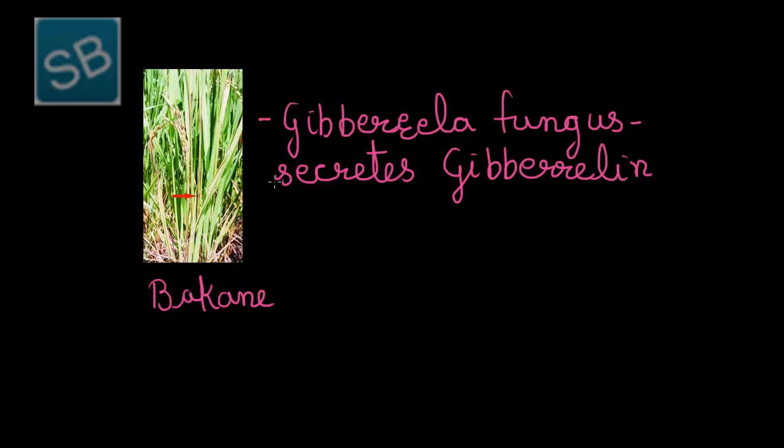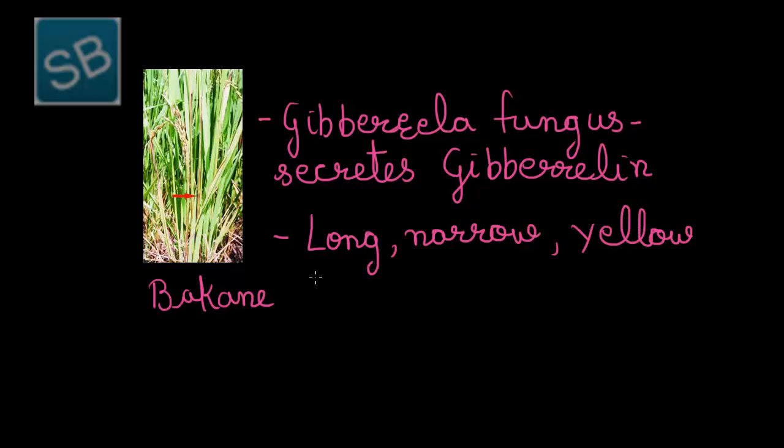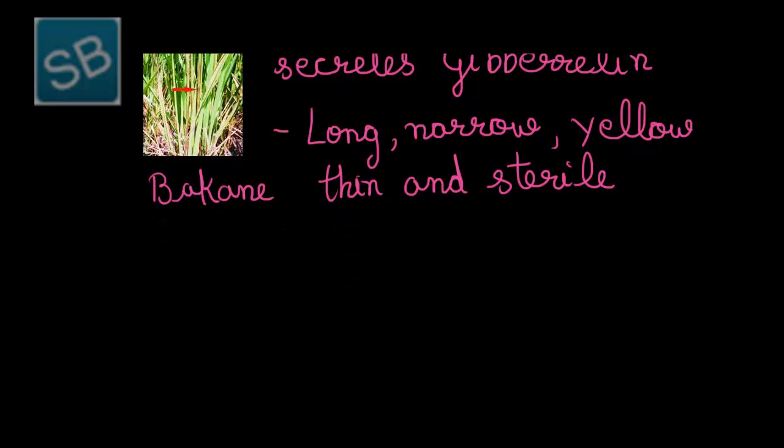As can be seen from the figure, such a diseased plant is normally long, narrow, thin, yellow and sterile. After this, gibberellin was also identified in other plants, caused by various fungi and secreted by other higher plants.